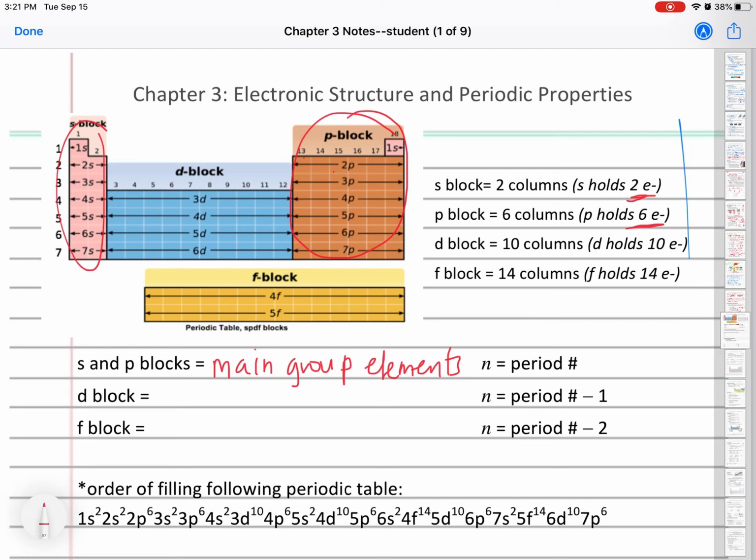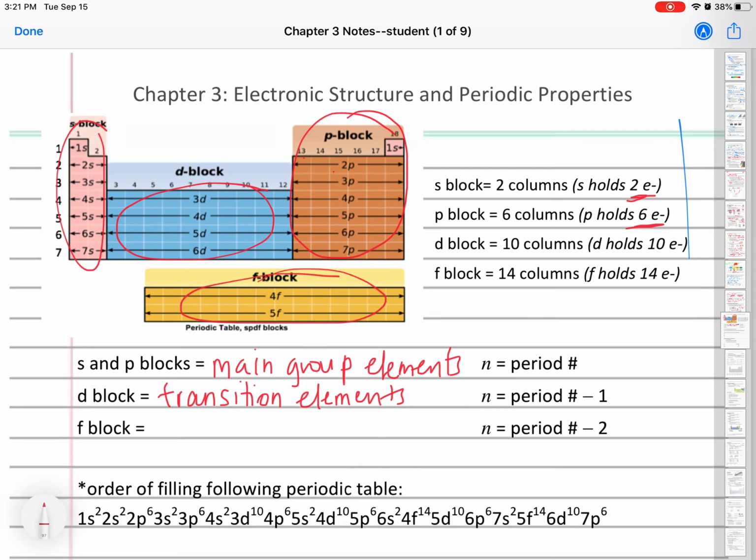They are sort of the easiest chemistry-wise and behave in very predictable ways. The D block here, we call the transition elements, and they can do some weirder things that we'll talk about.